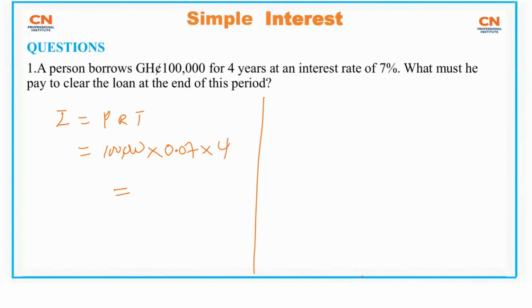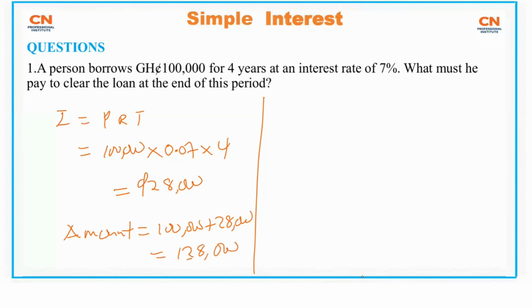So we have 100,000 times 0.07 times 4, and this gives us 28,000. So this is the interest. The amount that he has to pay to clear the loan at the end of the period will be the principal, 100,000, plus the interest, 28,000, which will give us what?